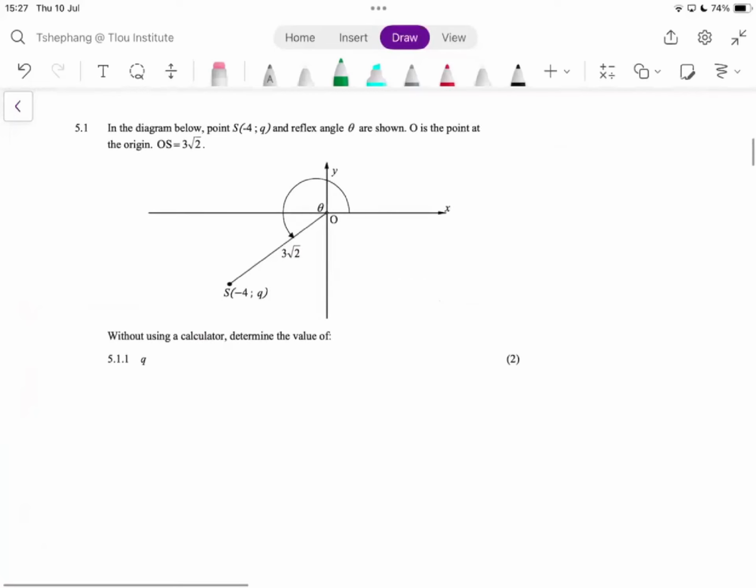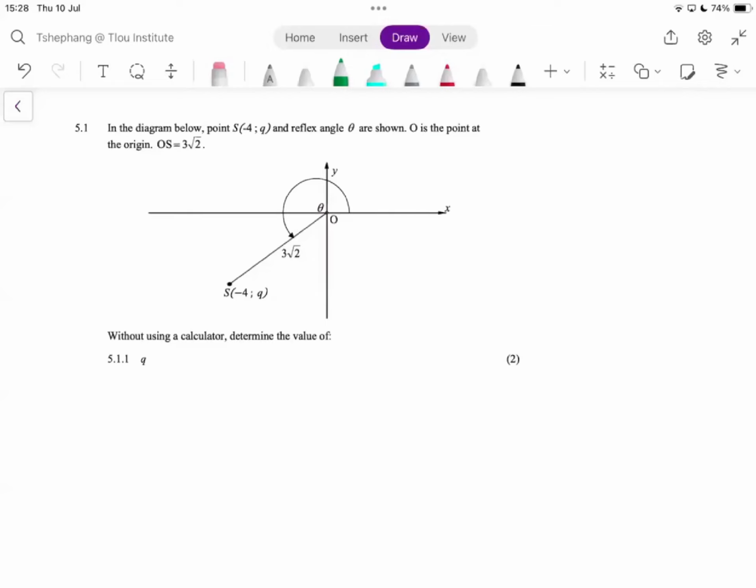Let's check here. In the diagram below, point S has coordinates (-4; q). A reflex angle theta is shown. O is the point at the origin. OS is 3 root 2.